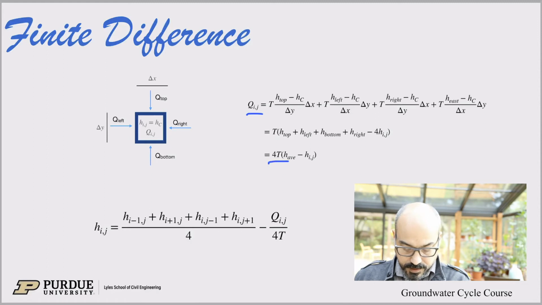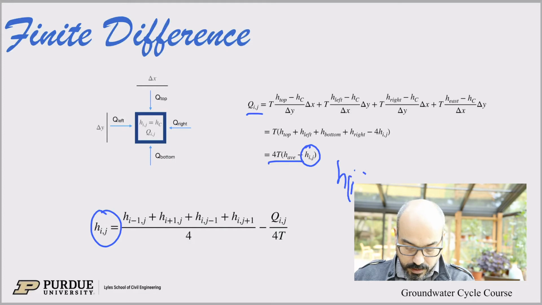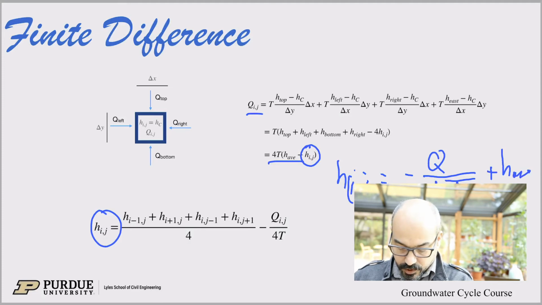Now once we have this equivalence, we can write that again, hij is basically h is here, right? So this is hij equals minus Q over 4T plus h average.